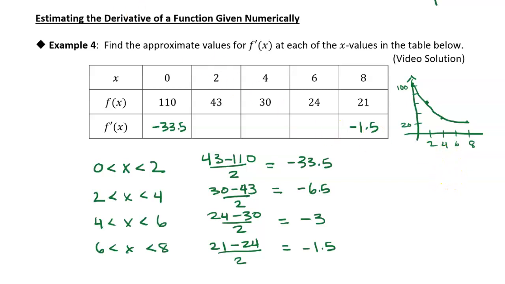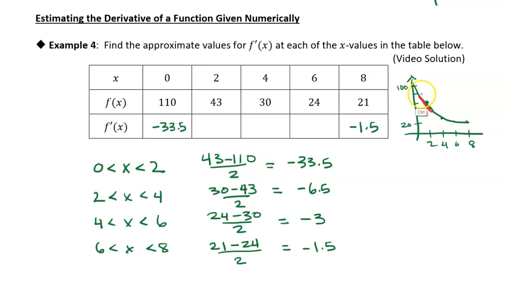Let me pick up another color here. If I want to find the tangent line at 2, that's something like around here. Oh boy, it's hard to sketch this. So there's a tangent line.